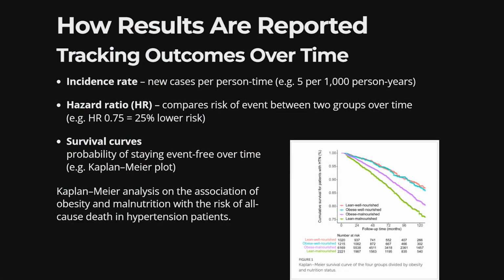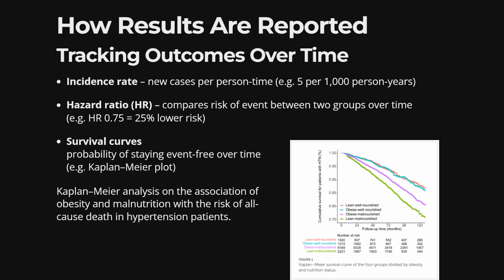And that's why it's called a survival curve. And just so this is more obvious, it doesn't have to be just about death. It can be just time to event, of course. Okay. But this kind of analysis is called a Kaplan-Meier analysis. And this is just a nice chart that I think really visualizes this idea of survival over time.